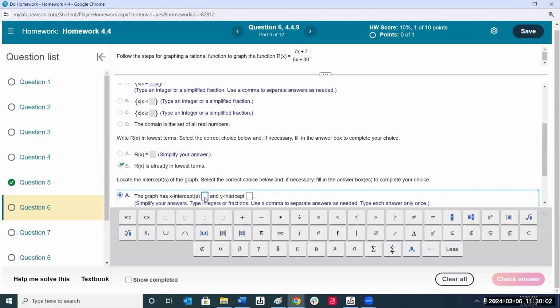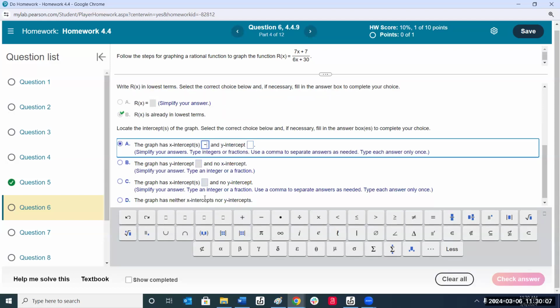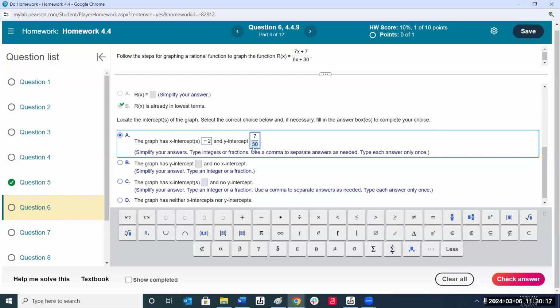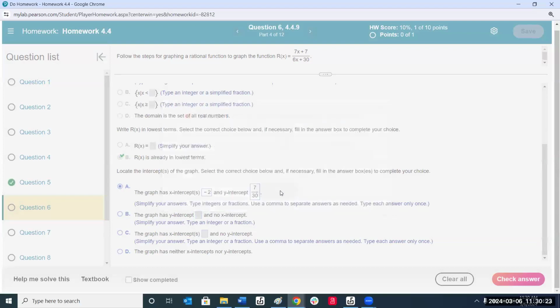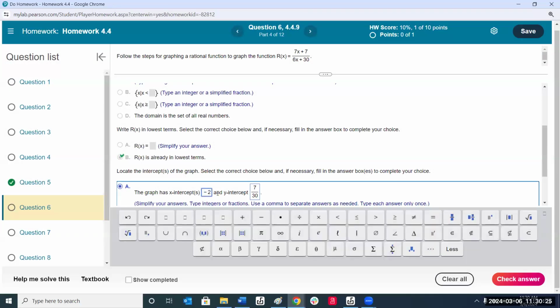It has x-intercept at -1 and a y-intercept at 7/30. It wants an equation.